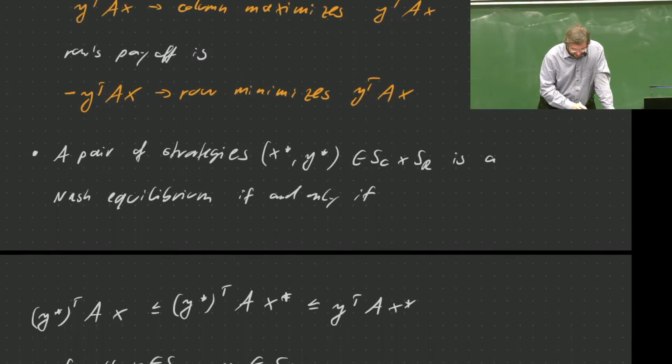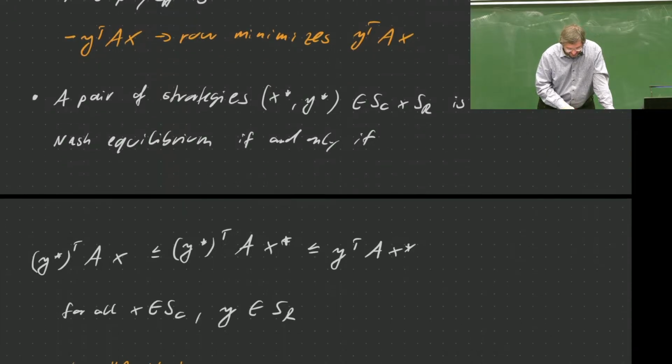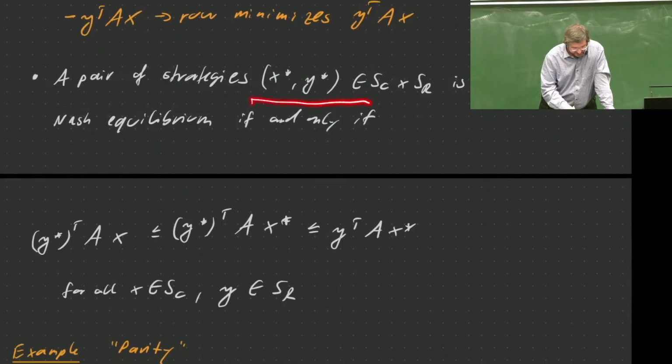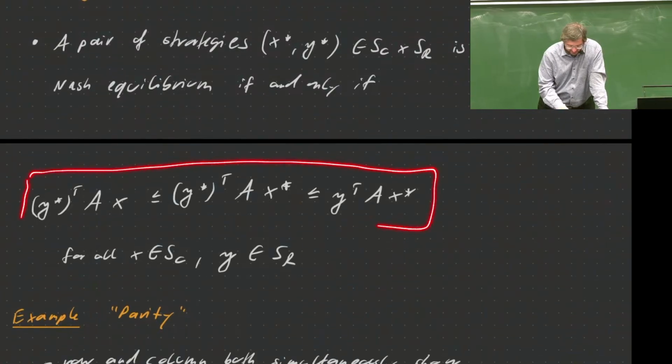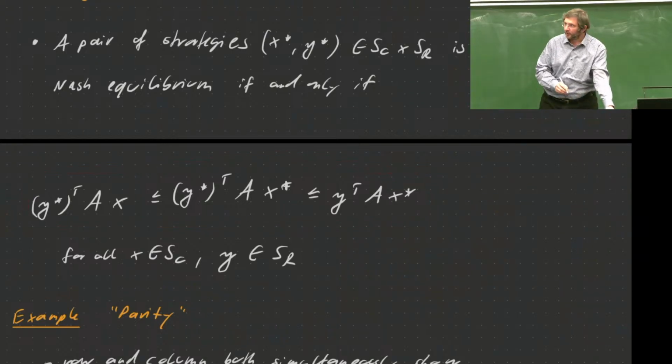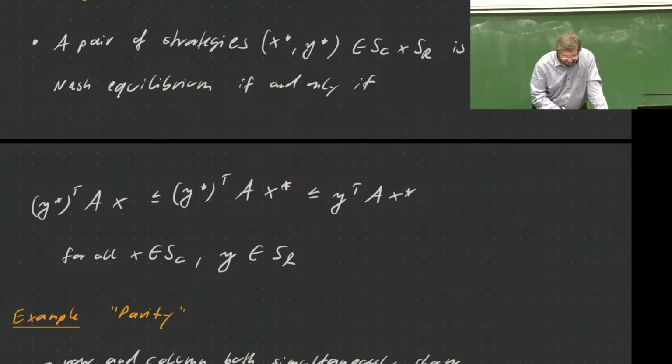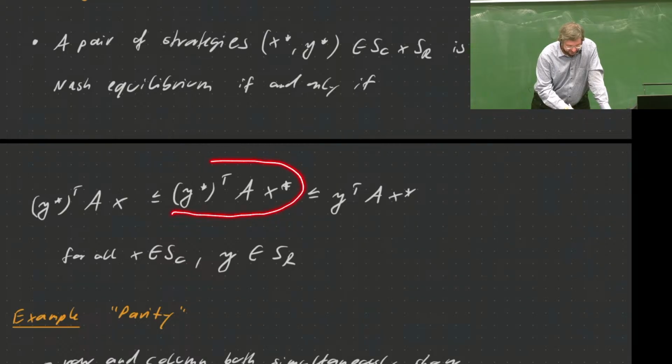And again, you can characterize what a Nash equilibrium means in that situation. A pair of strategies is a Nash equilibrium if and only if no player has an incentive to deviate from his or her current strategy. So this here would be the payoff in the equilibrium situation.